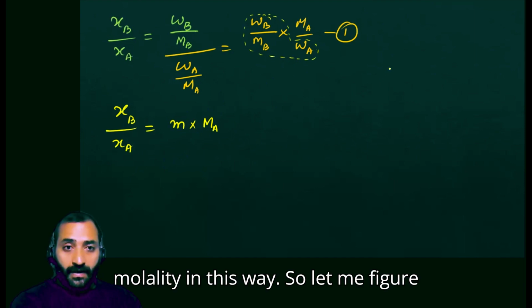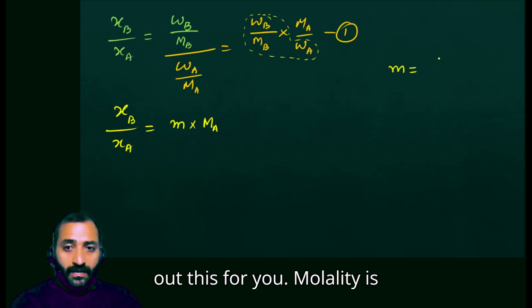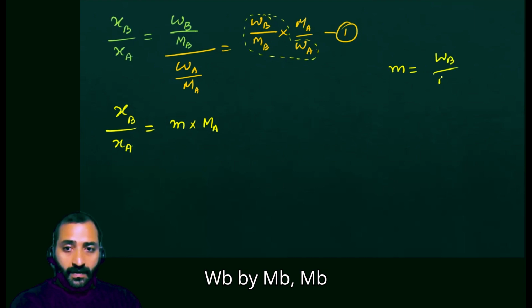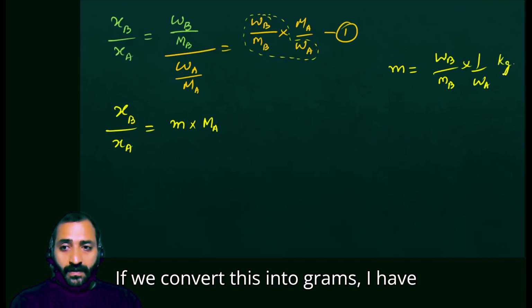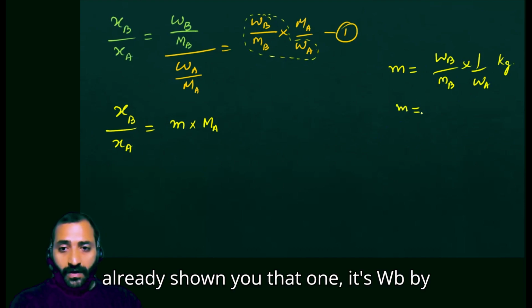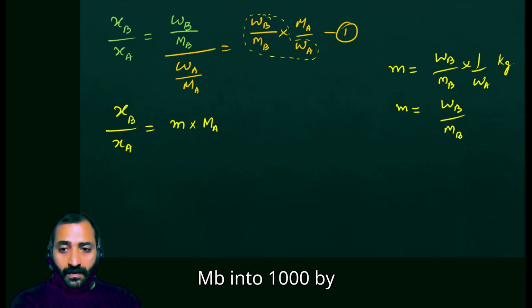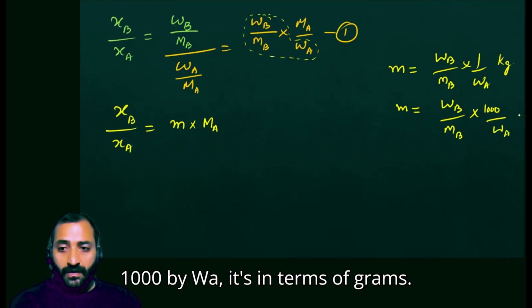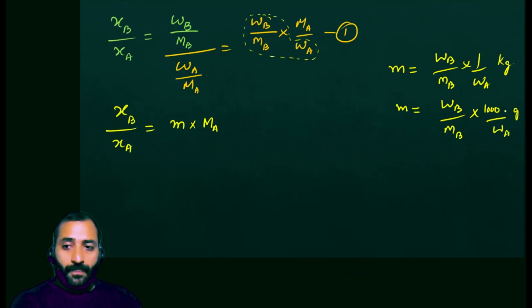So let me figure this out for you. Molality is Wb by Mb into 1 divided by Wa in kgs only. If we convert this into grams, I have already shown you that one. It's Wb by Mb into 1000 by Wa, in terms of grams.